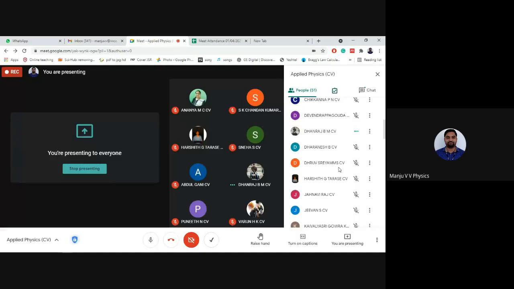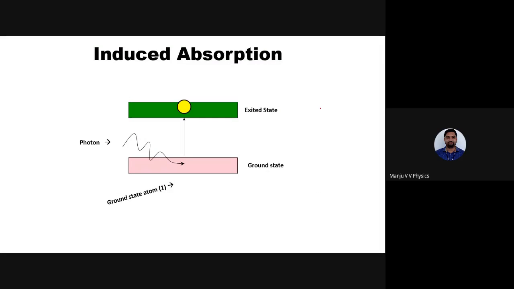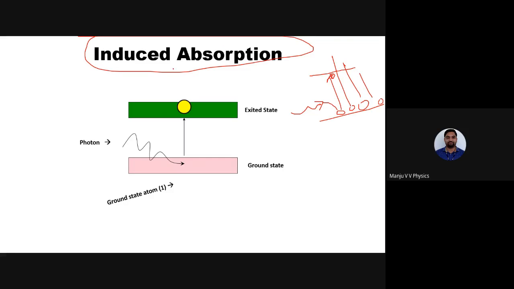Yes, atom or electron, whatever I consider; if I say atom, I am indirectly talking about the electron. Very good answer. Say for example, this is the excited state, this is the ground state. If there is one atom and you give some energy, one atom gets elevated. If there are four atoms and you give more energy, four atoms get elevated. This induced absorption solely depends on two parameters.